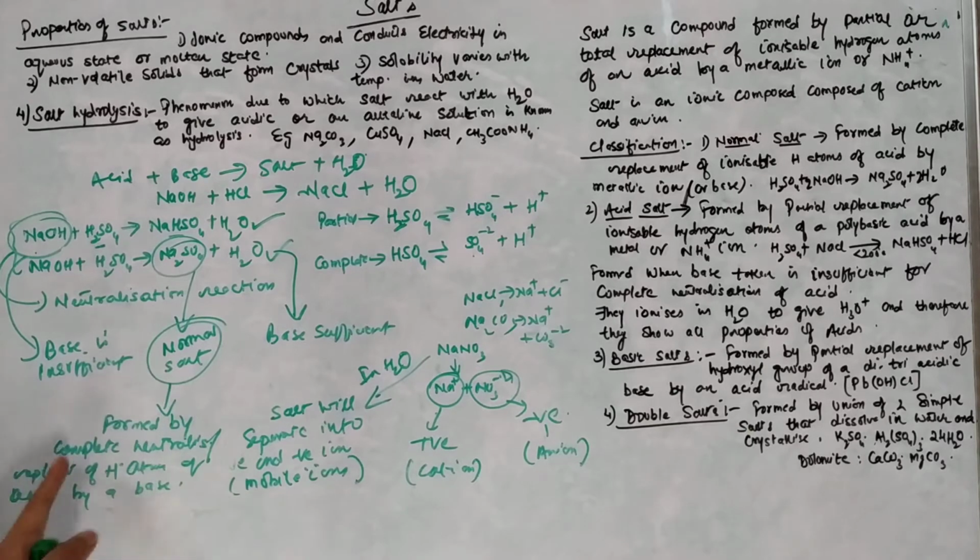So a normal salt is formed by complete neutralization of an acid by a base, or by complete replacement of hydrogen atoms of the acid by a base.